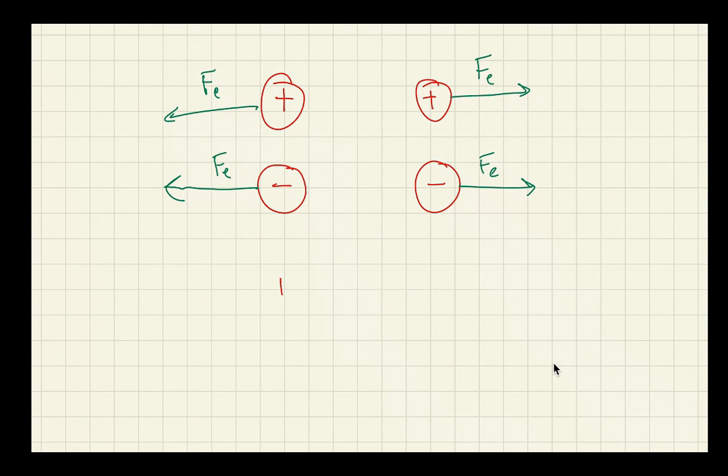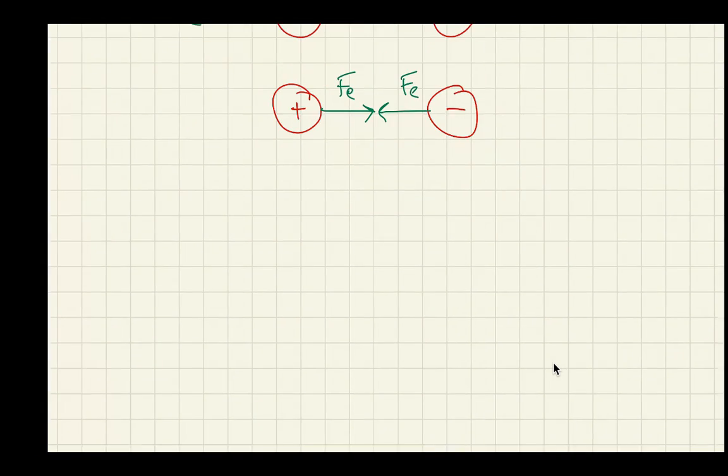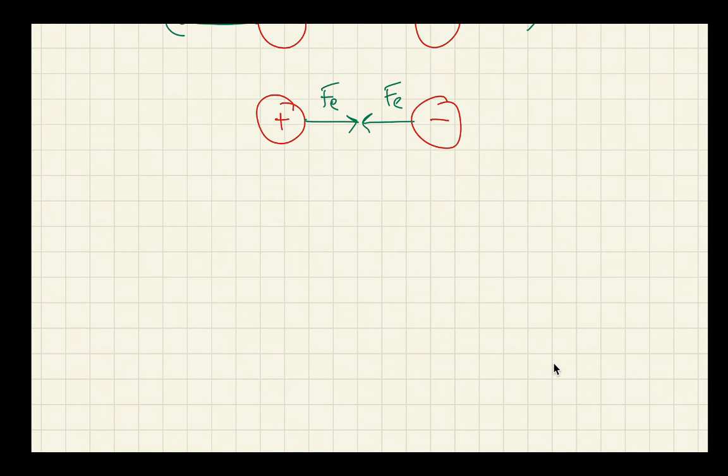They will also repel. And a positive and negative charge, opposite charges like this, will attract. They will pull each other together. So these are what we call electric forces, and Coulomb's law talks about how big these electric forces will be. Consider two examples.